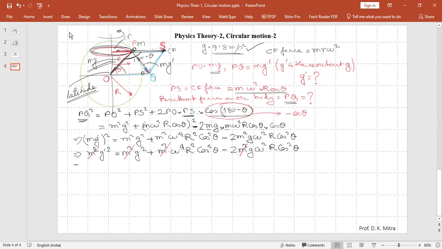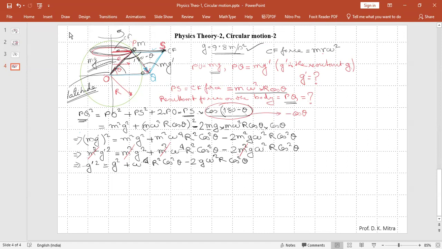So therefore, here we get g dash square is equal to g square plus omega to the power 4 r square cos square theta minus 2g omega square r cos square theta.